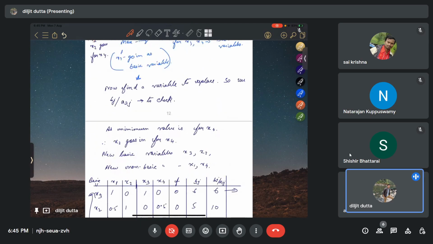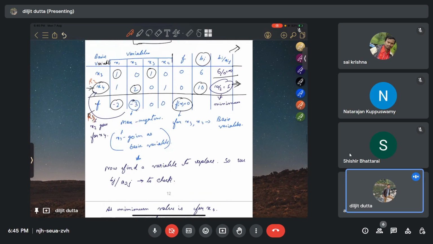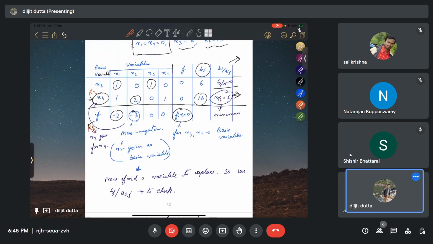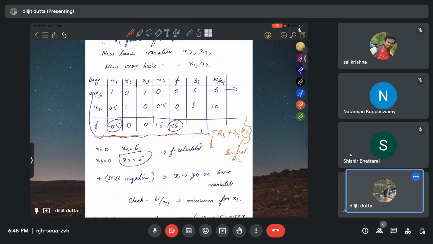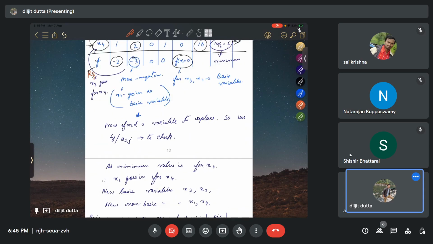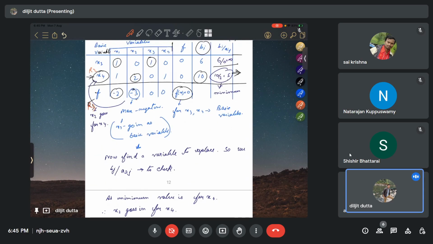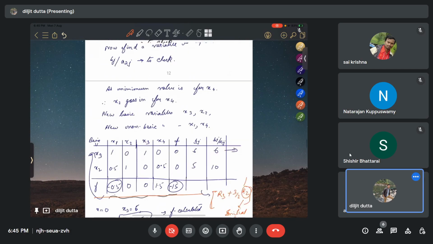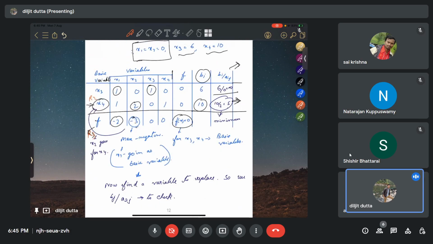So after doing this row operation, for x1 it will be -2 plus 3 by 2. So -2 plus 3 by 2 is how much? Minus 0.5. So we get -0.5 here. We get 0 in the second, again 0 in the third, because 0 plus 3 by 2 into 0 is 0, and for the fourth, 0 plus 3 by 2, that is 1.5.